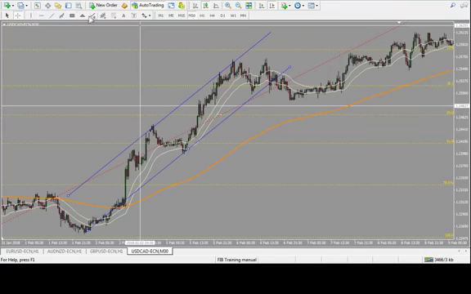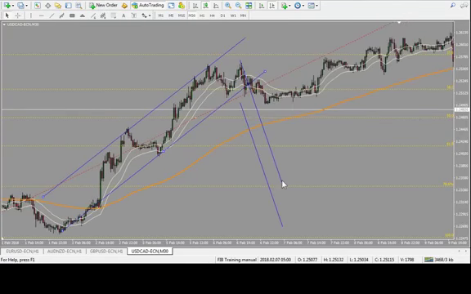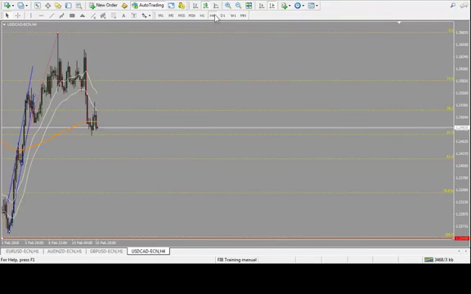And often the corrections then also happen in a channel. I like to use those for trend, and other patterns definitely come in handy for corrections, so triangles and things like that.